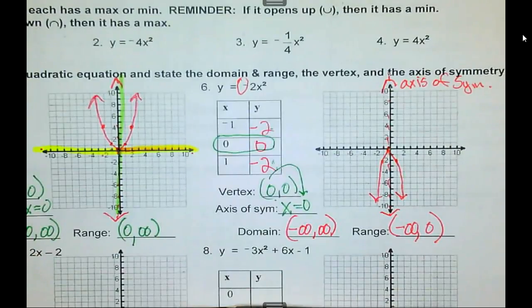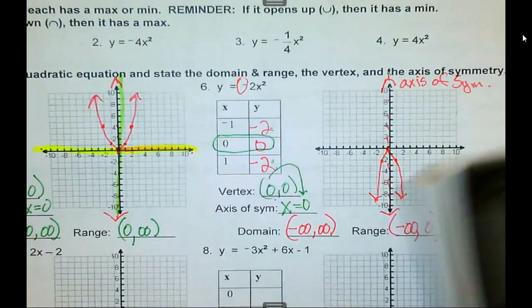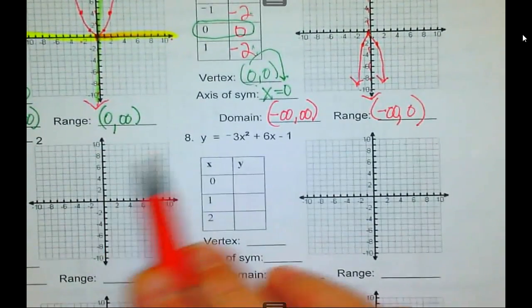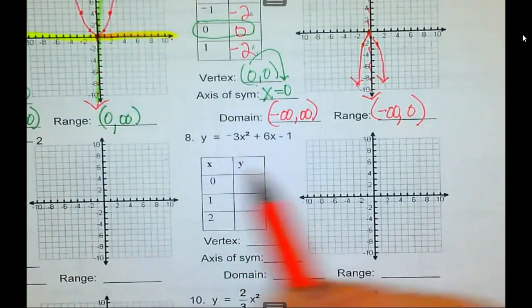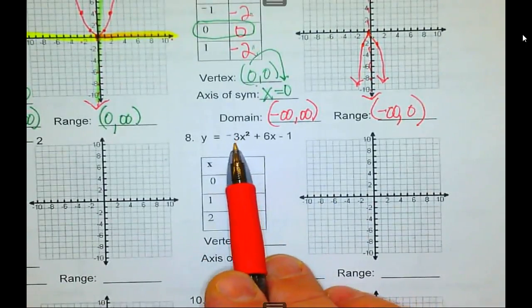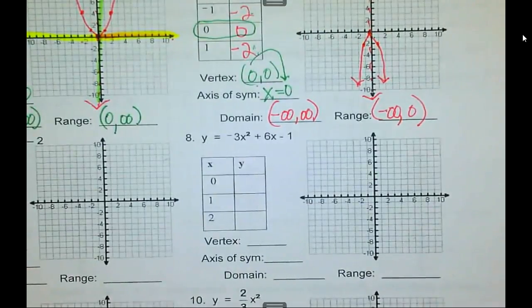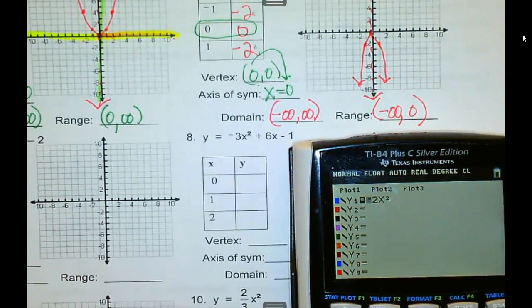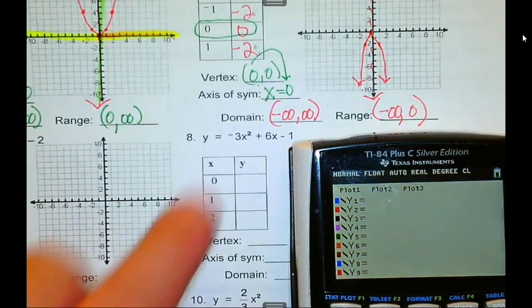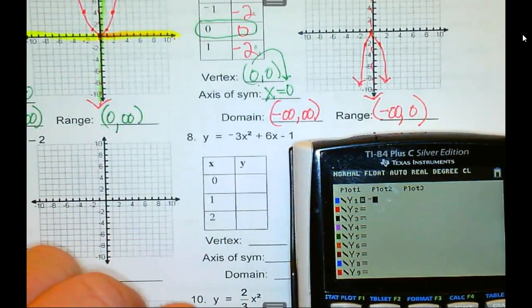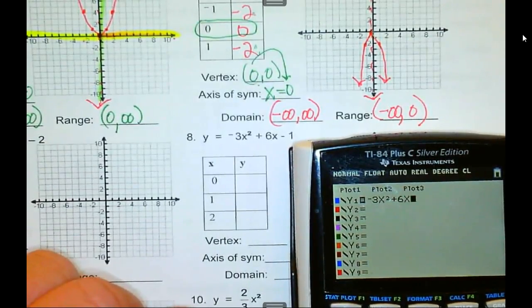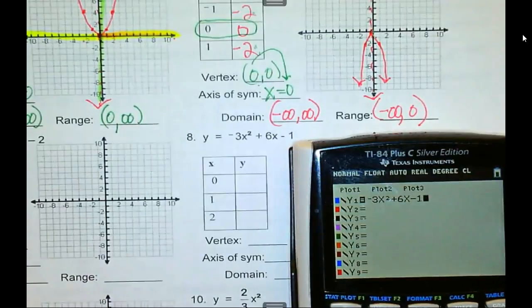How about number 8? I'm going to put my equation in, negative, so it's going to open down. It's going to be skinnier because my a is 3. So I got negative 3x squared plus 6x minus 1.